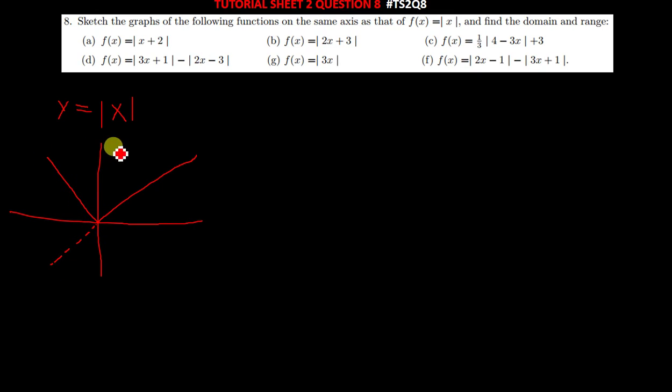Why? Because there is no probability of us getting a negative answer. Even when we use, for instance, x is equal to -1, the value of y will still be positive.